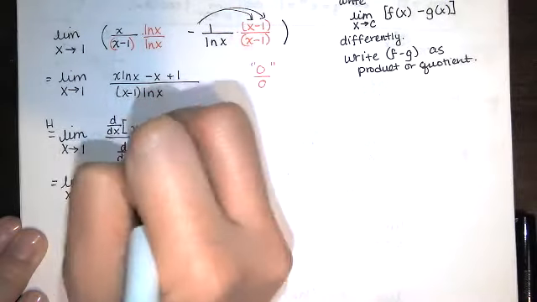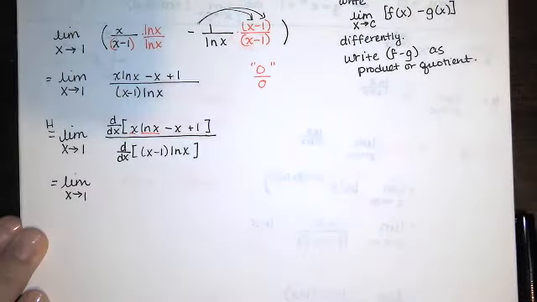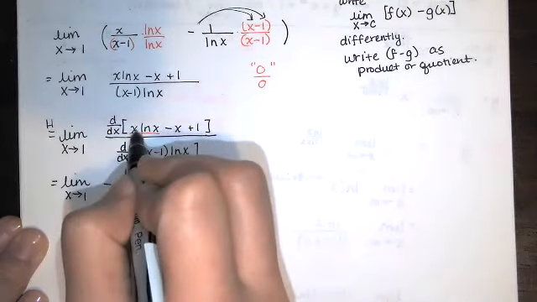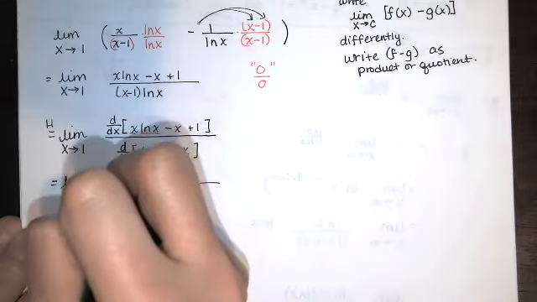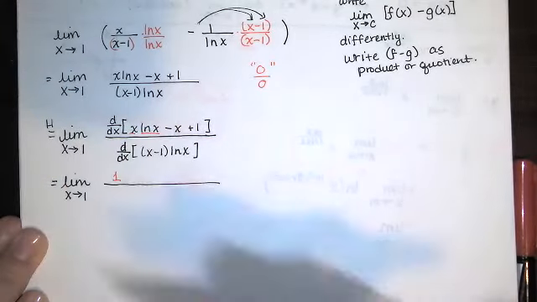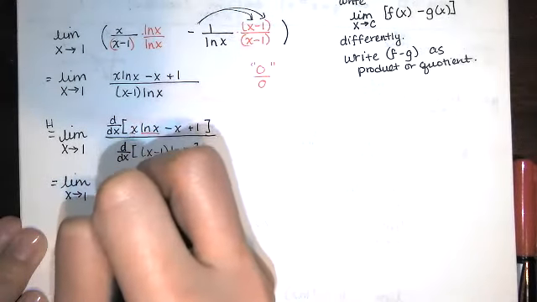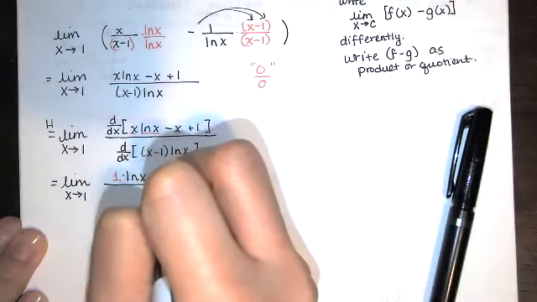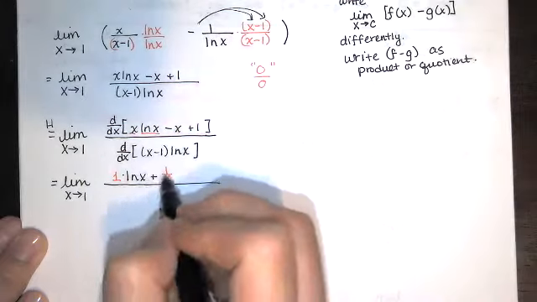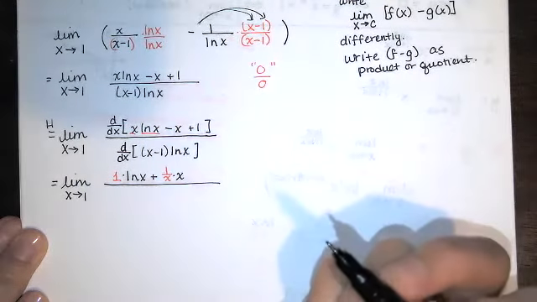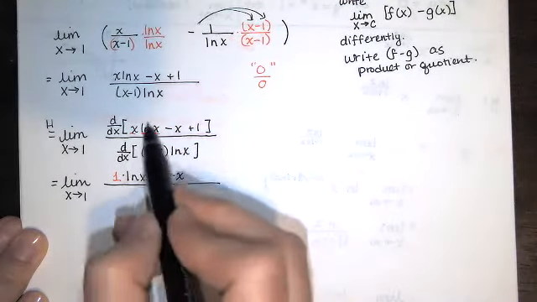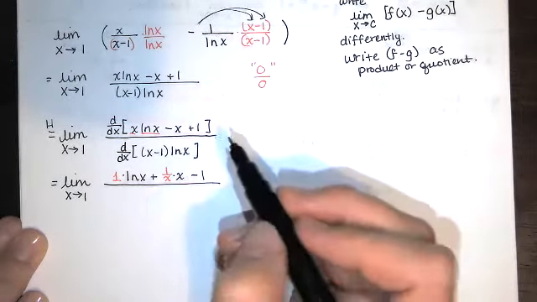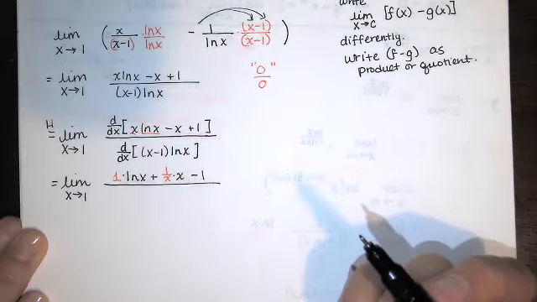To take this derivative, let's use the product rule. We have derivative of the first. My first function is x, so that's 1, times the second, plus derivative of the second. Derivative of natural log of x is 1 over x, times the first. And then we're done with that part, and we take the derivative of negative x, that's negative 1, and the derivative of 1 is 0.